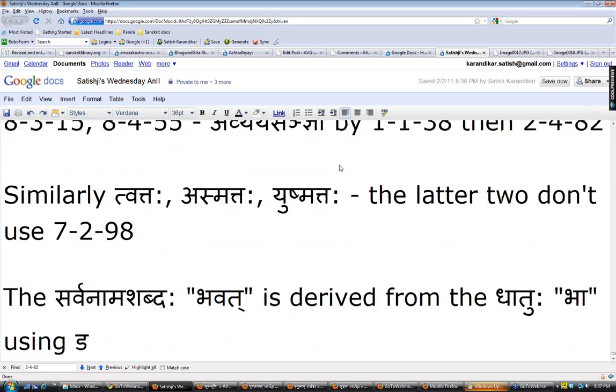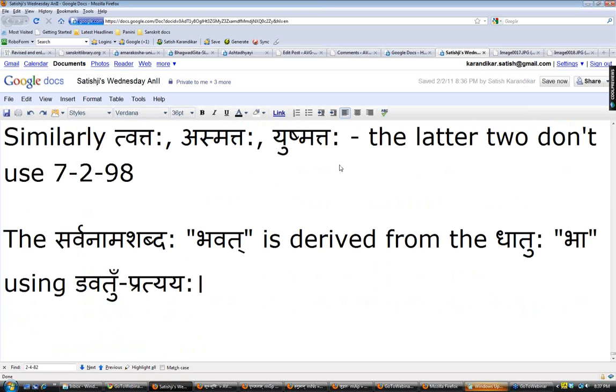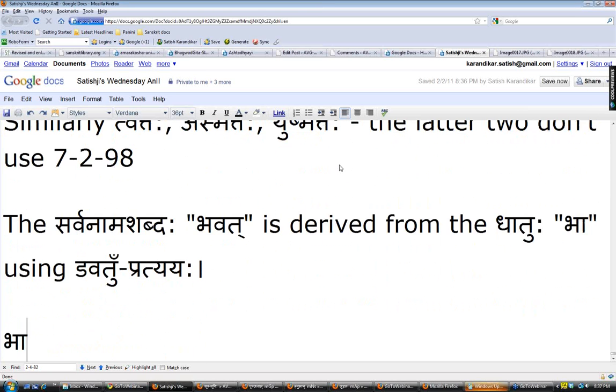Again, we already covered this in the Saturday class list, so I won't go into much detail. Davatu Pratyaya. If you want to quickly do this, what happens? You get Bha plus Davatu.